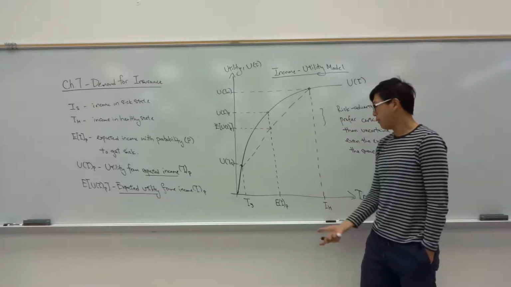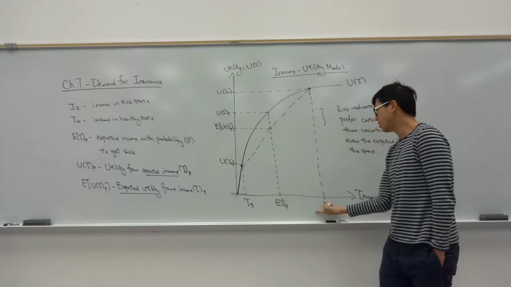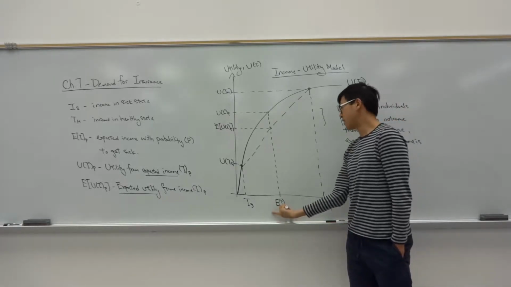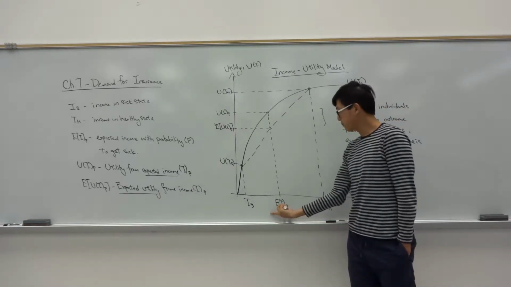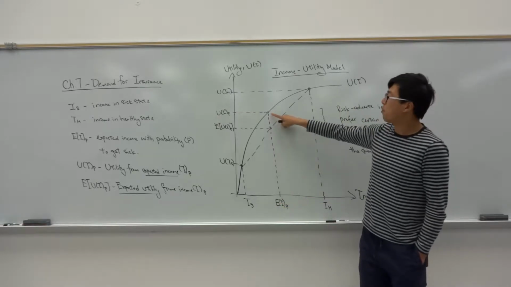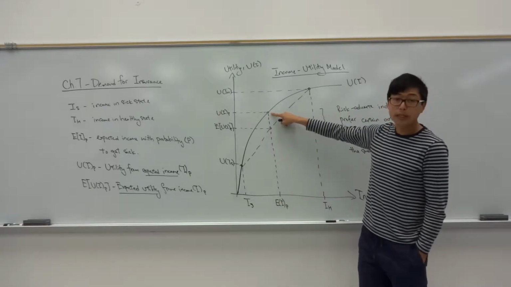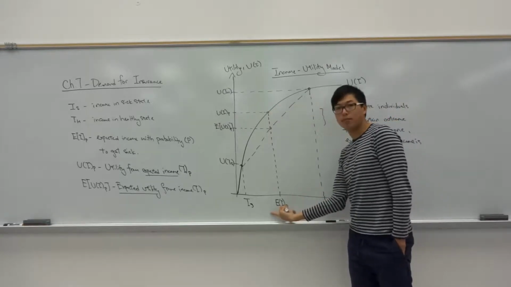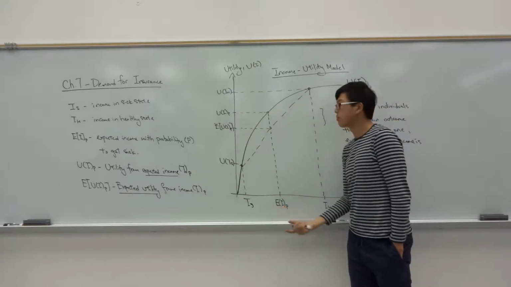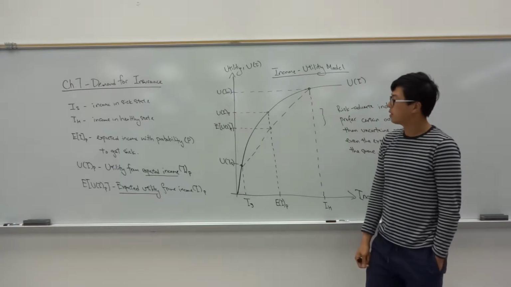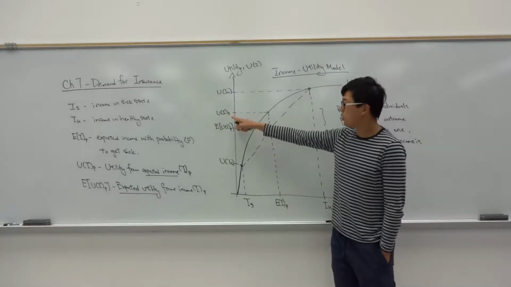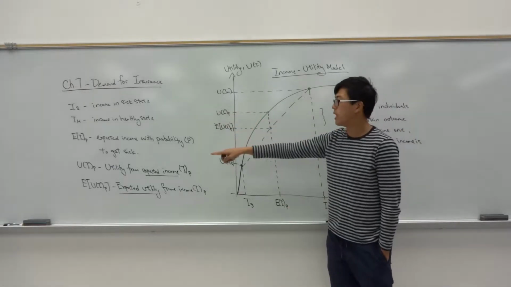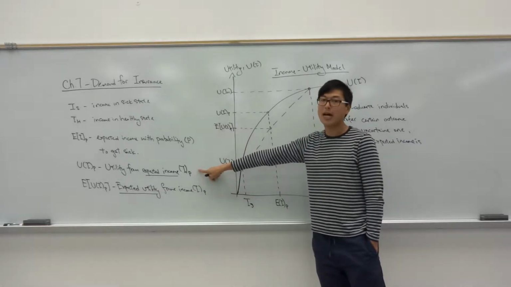For example, if this is 5,000, this is 10,000, this is let's say $7,000, this point right here represents the utility of a person with exactly an income of $7,000. That's what we call the utility from the expected income of I(P).